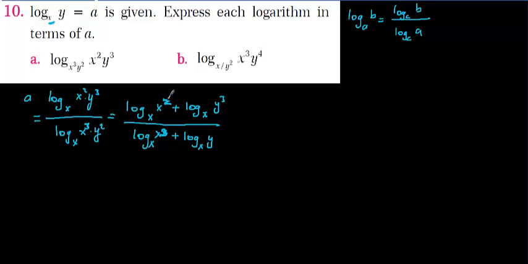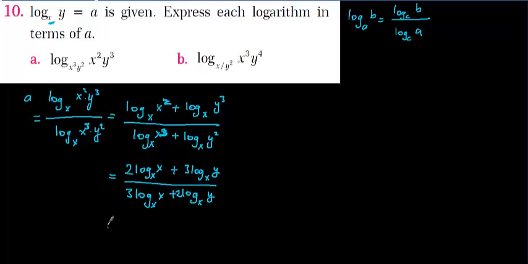Then in this expression you can bring the powers in front of the logarithmic expressions, and it's going to be 2 times logarithm base x of x plus 3 times logarithm base x of y over 3 times logarithm base x of x plus 2 times logarithm base x of y.